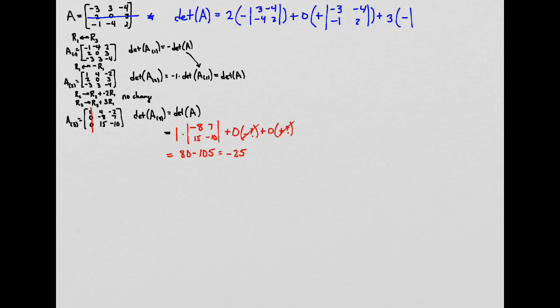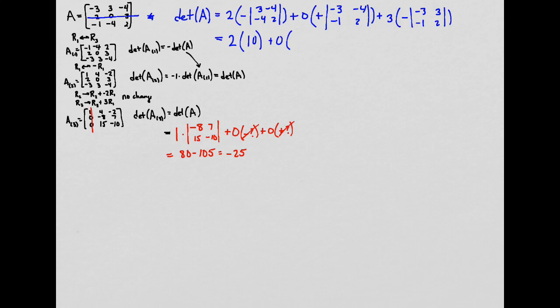And what are the terms? We have -3, 3, -3, 3, and -1, 2. Alright, that's the cofactor expansion. So what do I have? I have 2 times 6 minus 16 is -10, change the sign to +10.